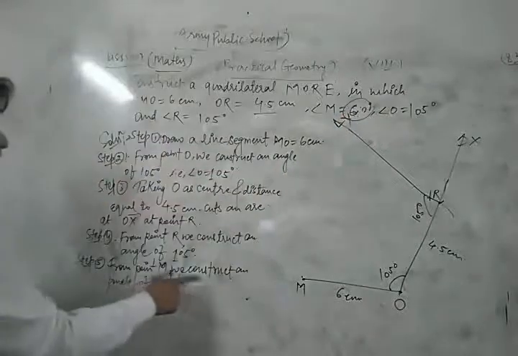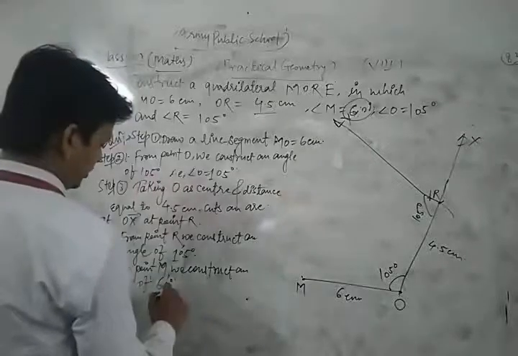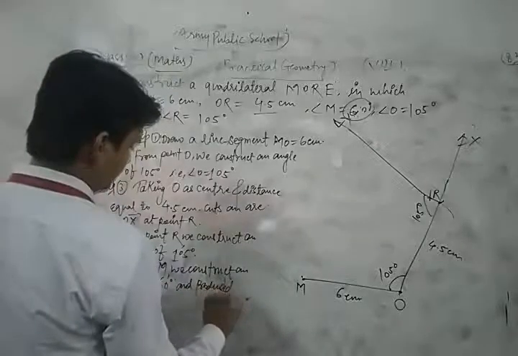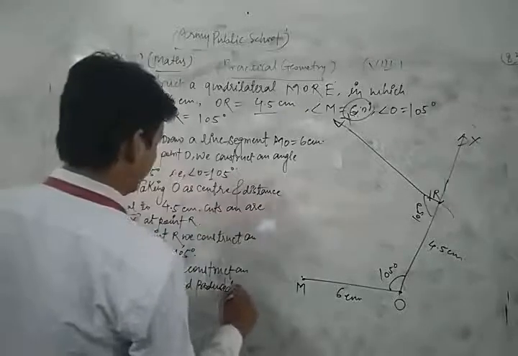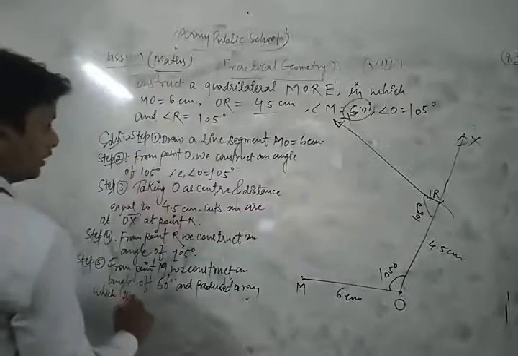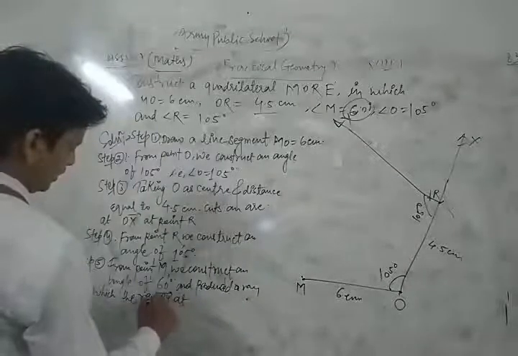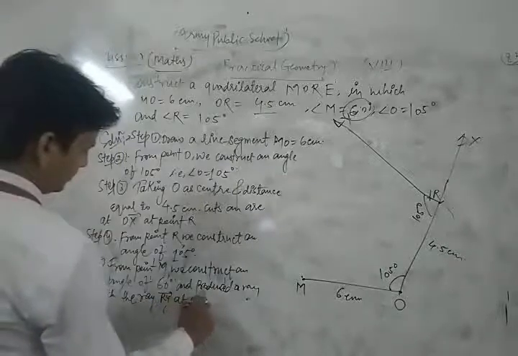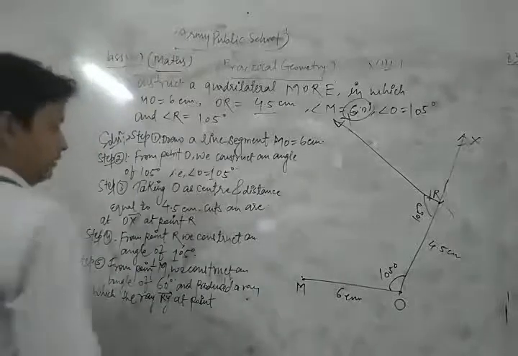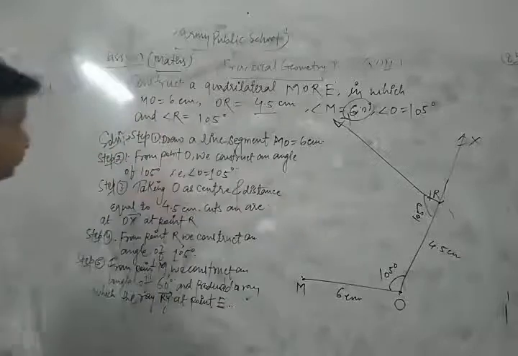So from point M we construct an angle of 60 degrees and produce a ray which cuts the ray from R at point E.